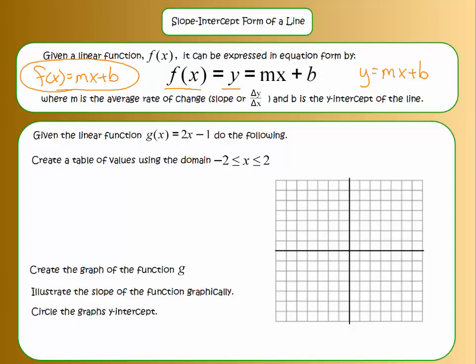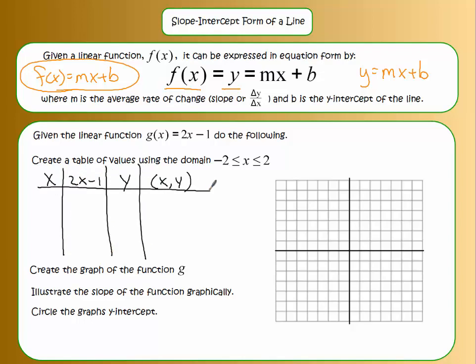Alright, so how do we do this? A table looks like this. We have an x, we have a y. If you want, you could put the x comma y for the point. In the middle, you would put the function, so 2x minus 1. You don't necessarily need all of these columns, but I think it's going to be helpful.